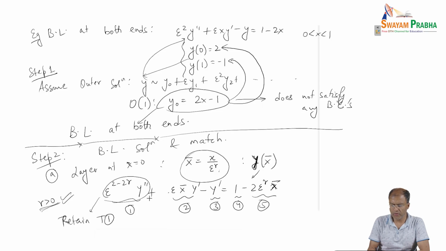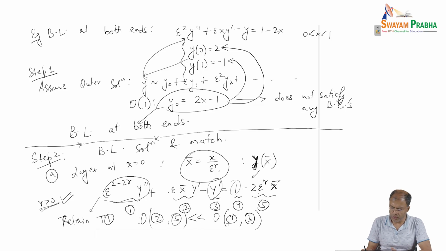Because that's the highest order derivative term. And notice that since gamma is greater than 0, and term number 4 is of order epsilon to the power 0, and term number 3 is also of order epsilon to the power 0, we expect that both term number 2 and term number 5 are of order much less than term number 4 or 3, right?